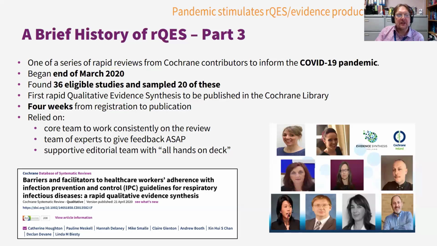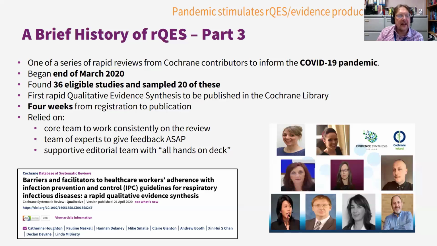Another landmark by one of our co-authors on the paper, Catherine Houghton, was the first of the Cochrane qualitative evidence syntheses done within a rapid timescale. And as with so much of the rapid review activity, this was done in response to the COVID pandemic.